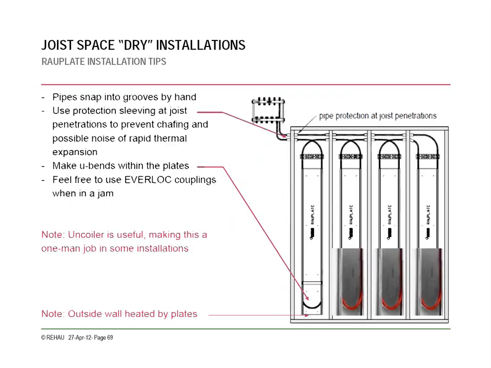More ROW plate installation. This is another what it looks like. Basically, you're just going to be running it back and forth, pretty typical, and then bringing it over to a manifold. The one thing you want to keep in mind when you're doing these, and we'll mention it a little later when we're going through the estimation, is that when you're doing joist space installation, you have to account for a lot of extra piping for the tails.